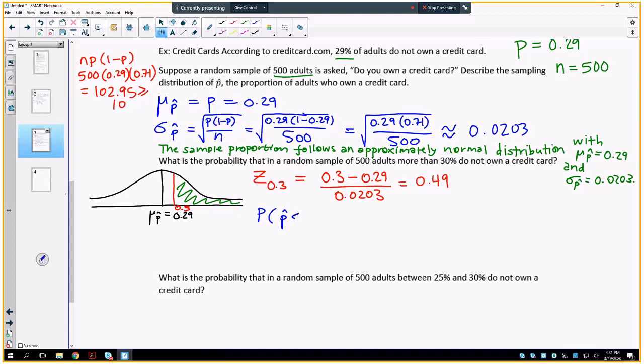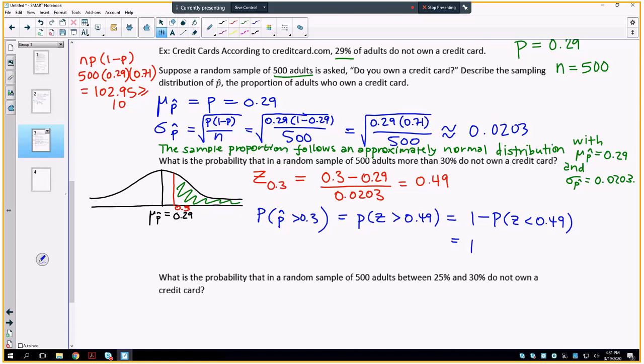So we're going to say the probability that p hat is more than 0.3 is equal to the probability that z is larger than 0.49. But that's 1 minus the probability that z is less than 0.49, and that's what we just found in the table.